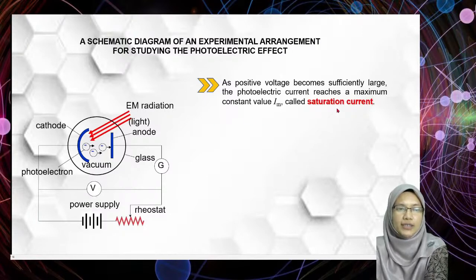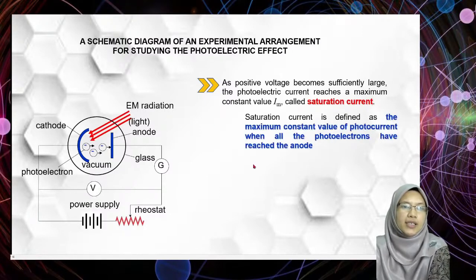So what is saturation current? Saturation current is defined as the maximum constant value of photocurrent when all the photoelectrons have reached the anode.